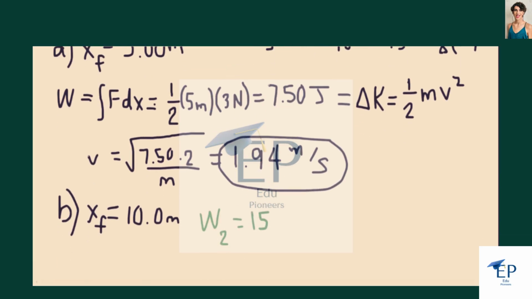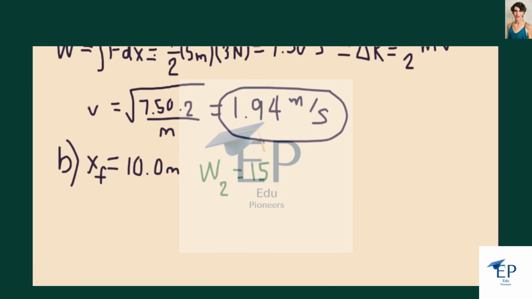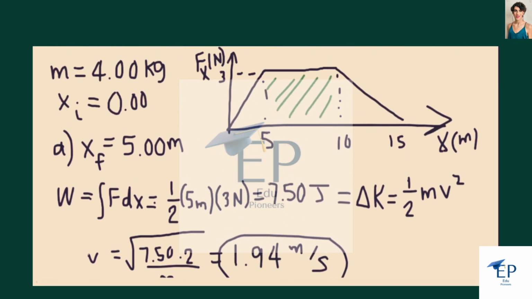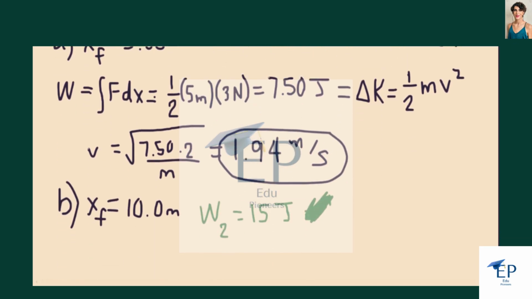Area of the rectangle is 15 newton meters, which is joules, which is going to be the change in kinetic energy, which is going to be, you know what, I'm going to make this perhaps even a little easier. I'm just going to do the total work from the beginning.